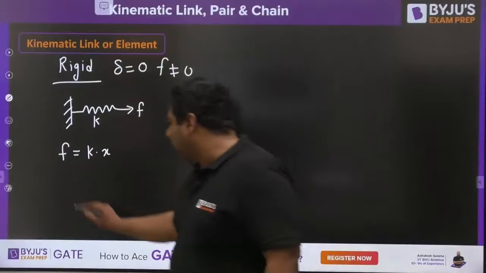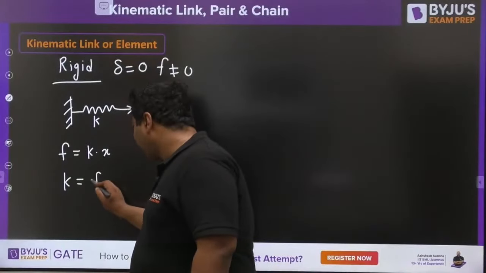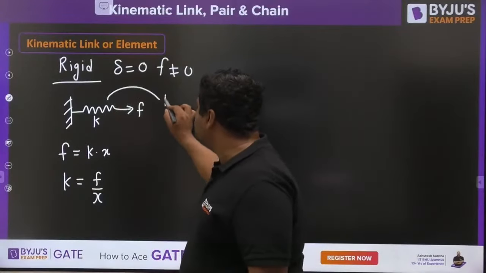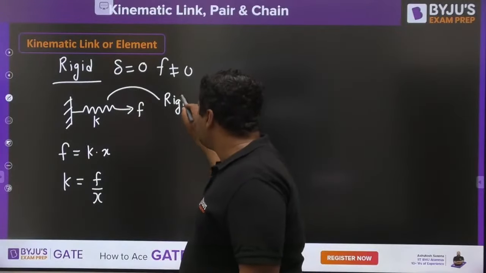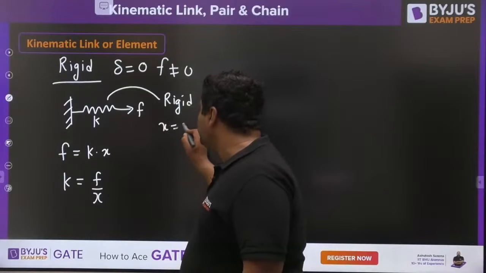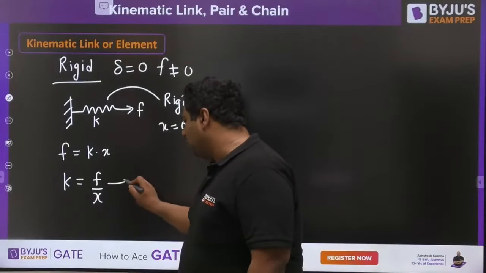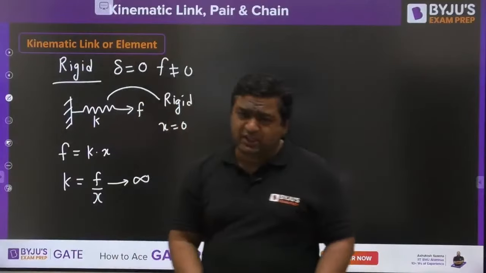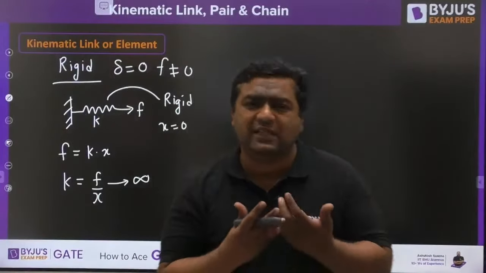So if you keep K to be F by X, if you say that this spring is rigid, for that X should be 0. Putting X 0, K would become infinite. So when we are saying body is rigid, it means its stiffness is infinite.